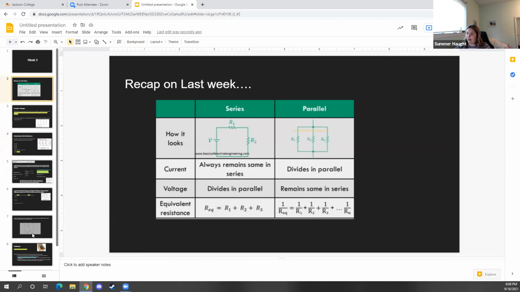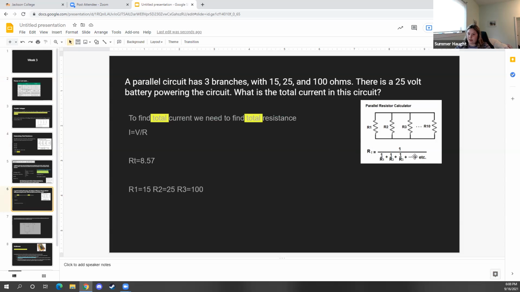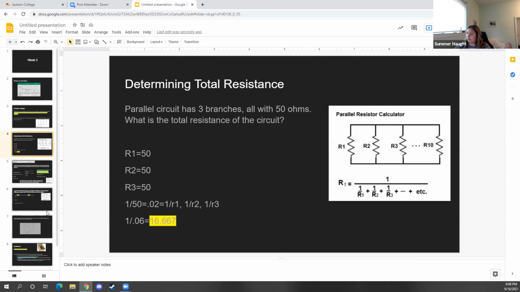They just use math to get this equation to get RT by itself, which is the easiest way to do it. So I'm going to probably do a couple more examples of this exact problem to show the math behind it and make sure that everyone understands the math behind it.